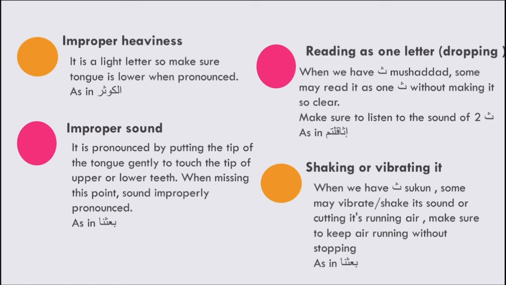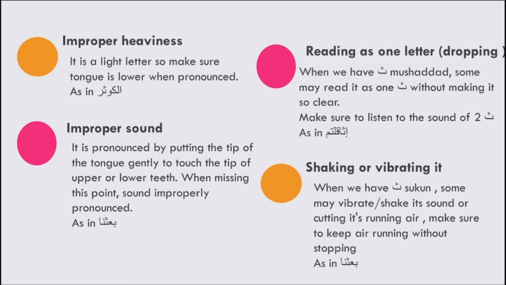The mistake here that may happen is that some may do it as itaqaltum, which is completely wrong. So make sure to listen to the two Tha. The first one is Tha sukun, the second one is Tha maftuha, or whatever the haraka.